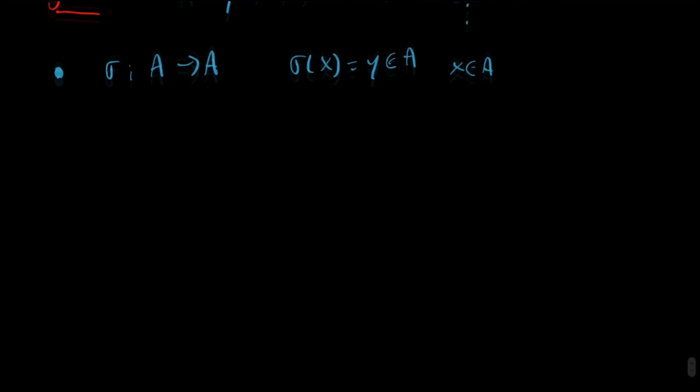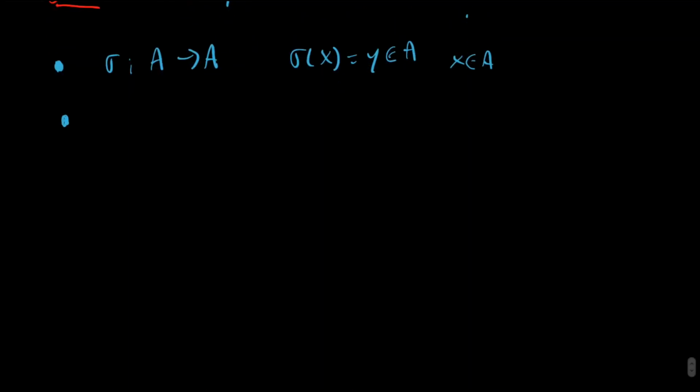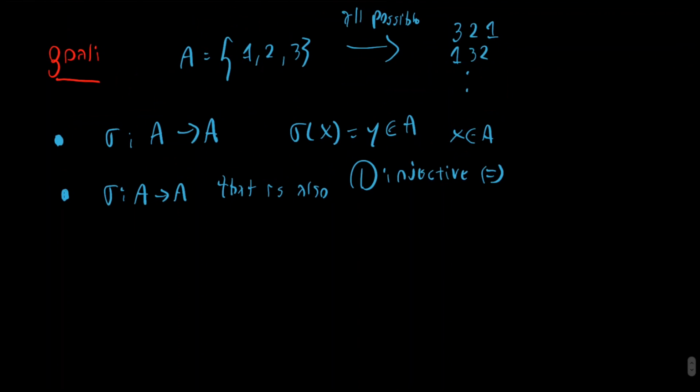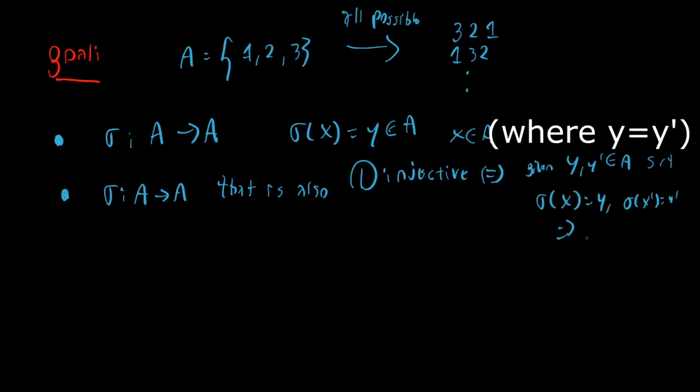So this brings us to defining a permutation also as a function, sigma from A to itself, that is also injective. That is, given y and y prime in A, such that sigma of x is equal to y and sigma of x prime is equal to y prime, then this implies that x is equal to x prime.